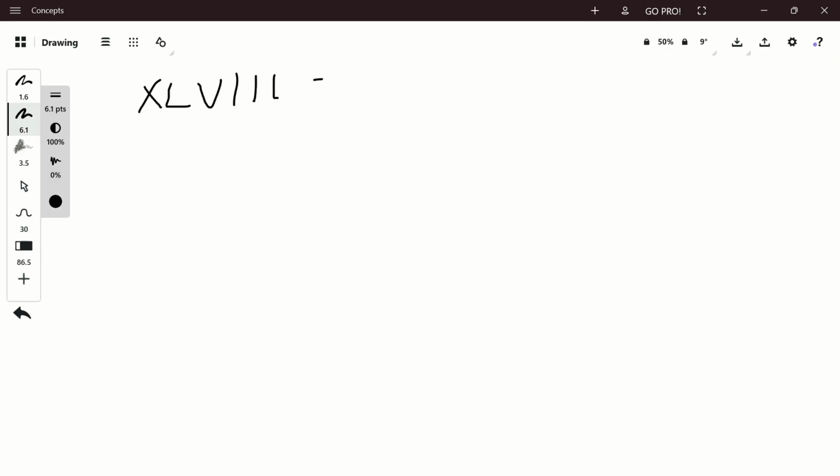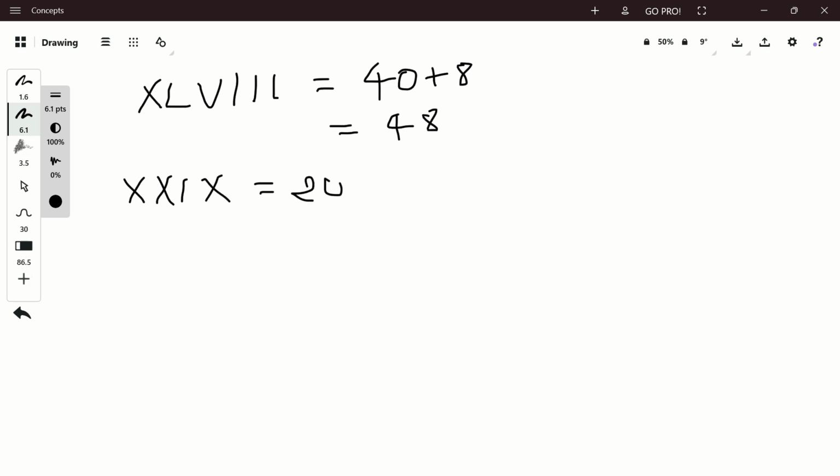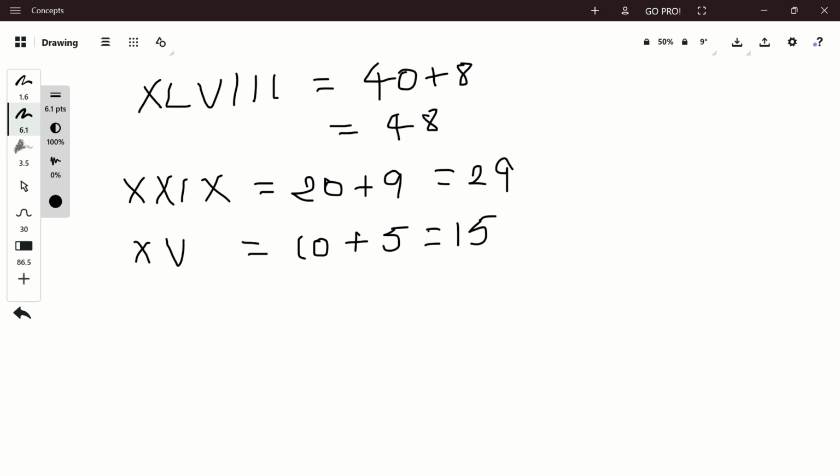XLVIII is equal to 40 plus 8, which is equal to 48. XXIX is equal to 20 plus 9, which is equal to 29. XV is equal to 10 plus 5, which is equal to 15.